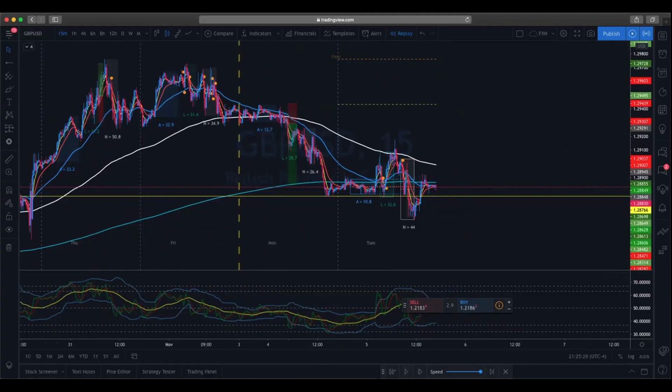So for Wednesday, what are you looking for on Wednesdays? Are you looking for sells or buys? You're looking for sells.